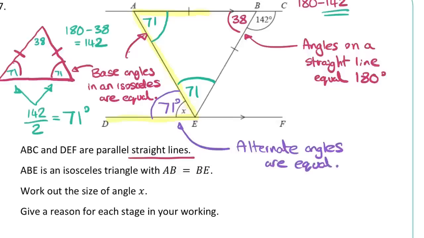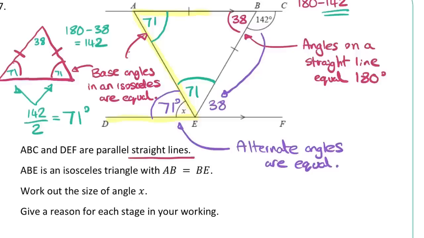And that reason there is really important because we are dealing with parallel lines. So you're going to be using one of the parallel line rules in any question that you look at. So if you can't use alternate angles, you might have corresponding angles, which are angles on the same side, or you might have co-interior angles. Co-interior angles are like these two here, so this 142 and that one just down there, they add up to 180, so this is also equal to 38.